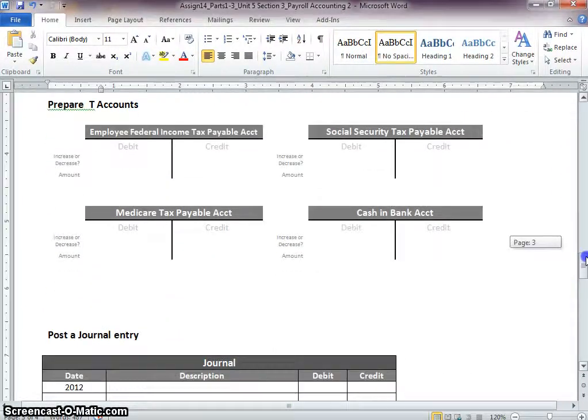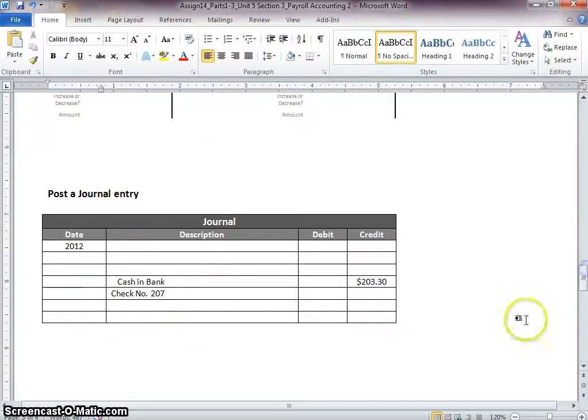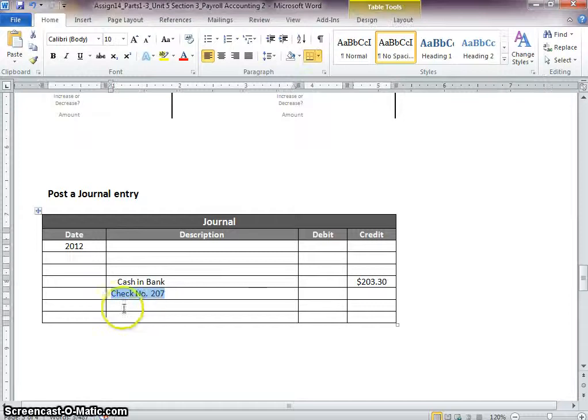And same thing here, I need you to fill out these T account tables and then copy your transactions into the journal. Okay, so I left, oh, look at that. I was even nice enough to leave the check number reference in here for you. So again, you're welcome. And I just need you to list then the accounts that are being debited.